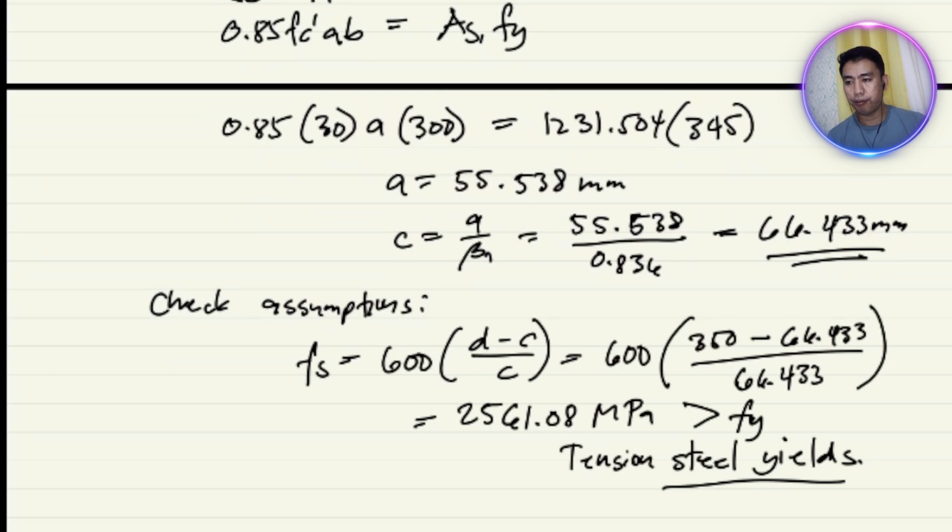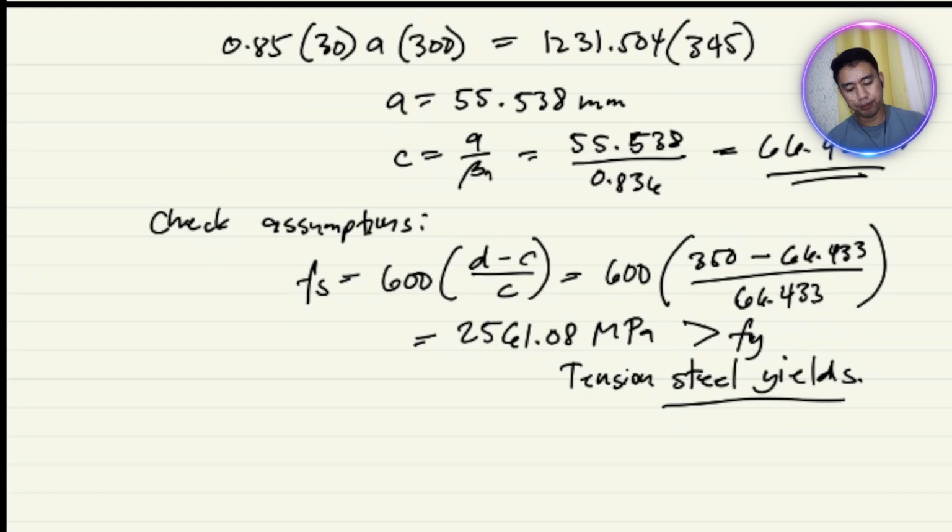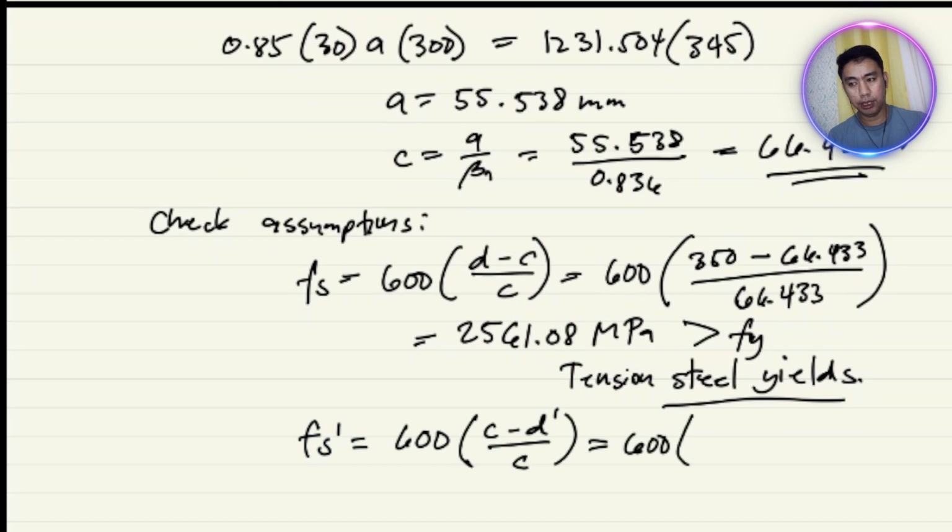How about Fs prime? Fs prime, this is 600 times c minus d prime over c. So we have 600 times 66.433 minus 60 over 66.433.